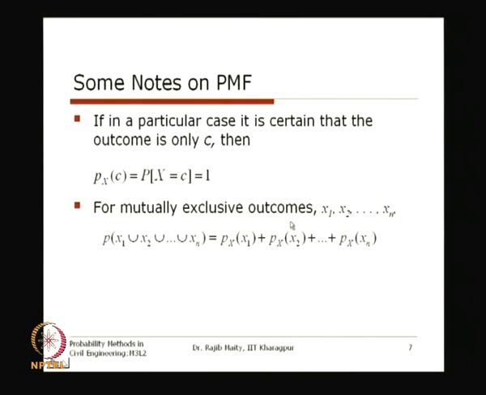We know that these events 1 to 4 are mutually exclusive. We explained these properties earlier in the context of random variables; here we are explaining them in the context of the specific values that a discrete random variable can take.